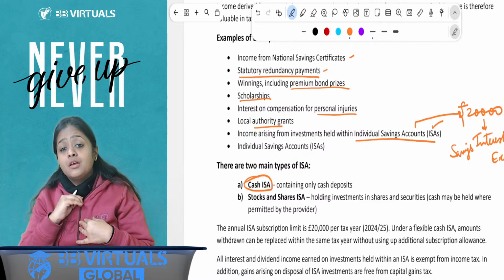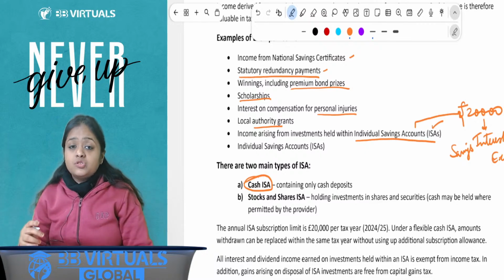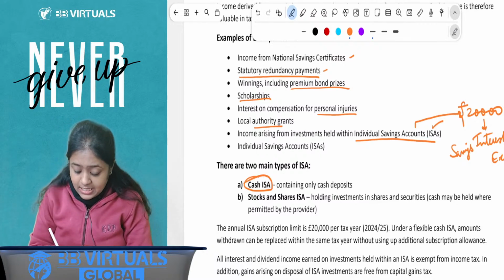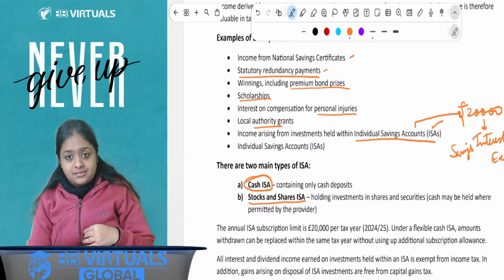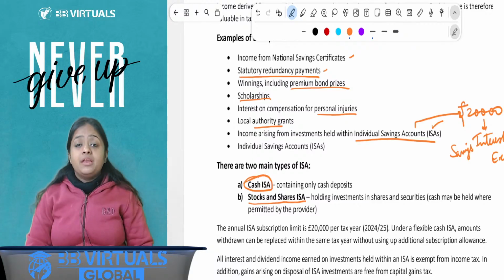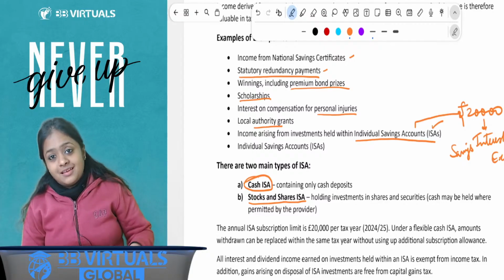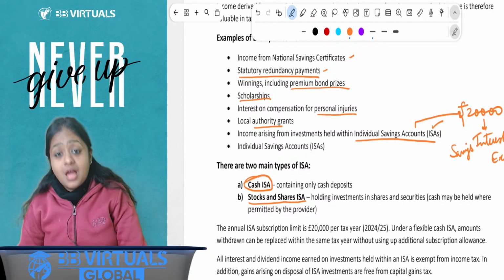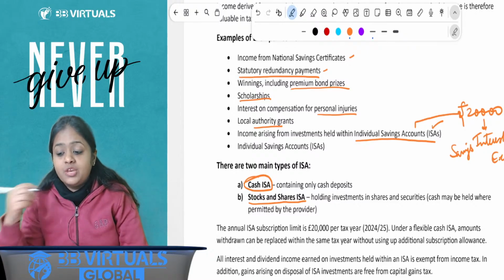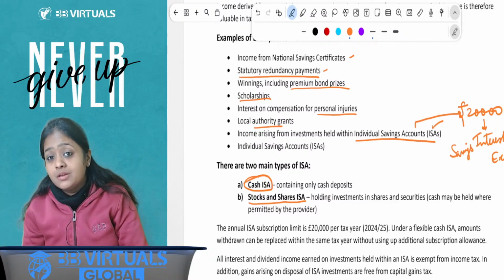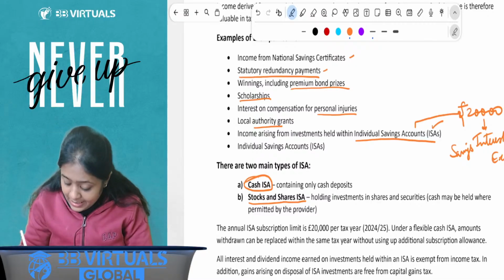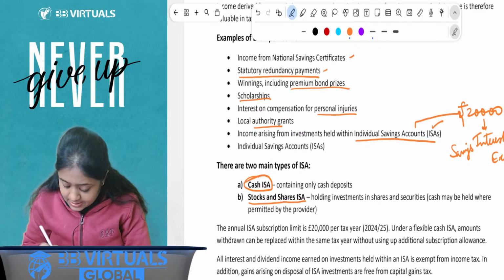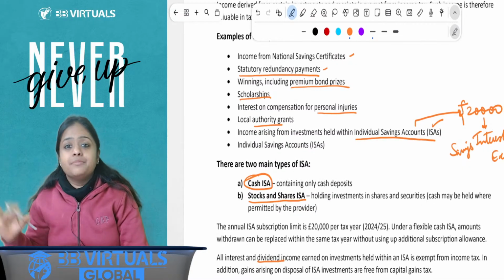That means this ISA is not a cash ISA, it is known as a stocks and shares ISA. So here I'm investing into the shares. This is like a shares account. Again, what is the benefit? When you invest into shares, what do you earn? Dividends, right? So any dividend that we earn from this is exempt.